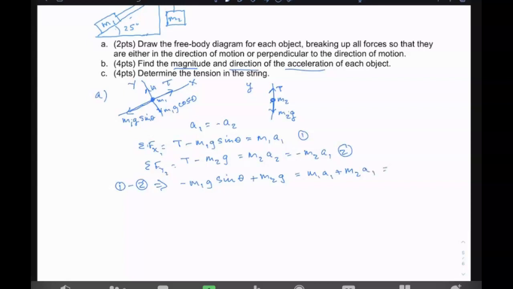Factoring out the a1, that's equal to m1 plus m2 times a1. Then if I solve for a1, that's equal to minus m1g sine theta plus m2g over m1 plus m2.